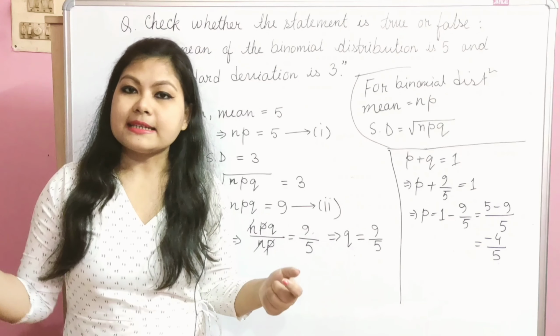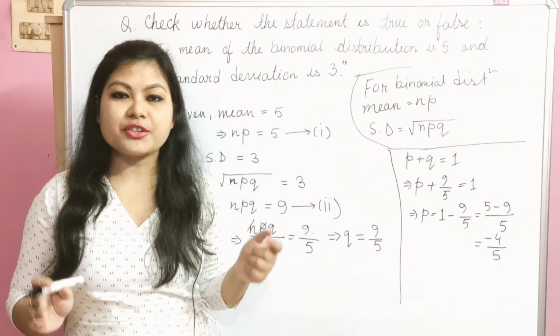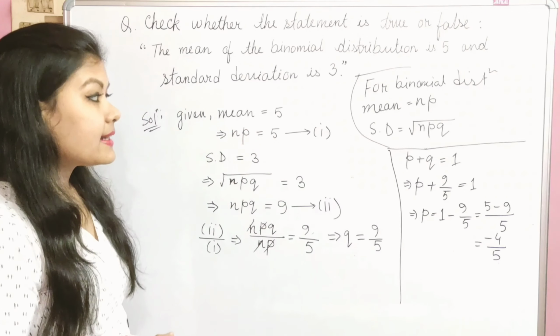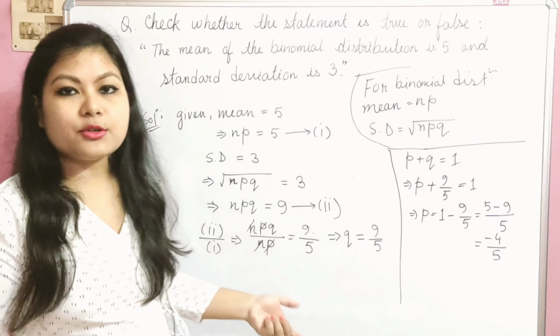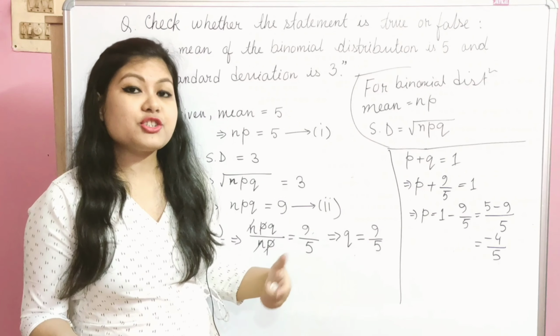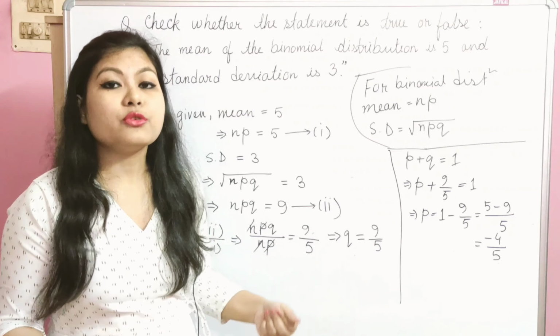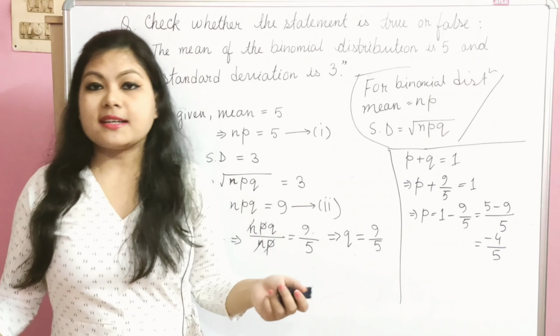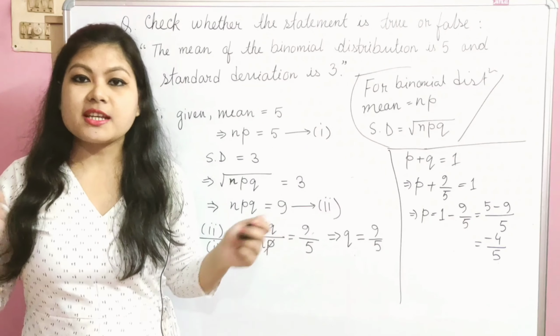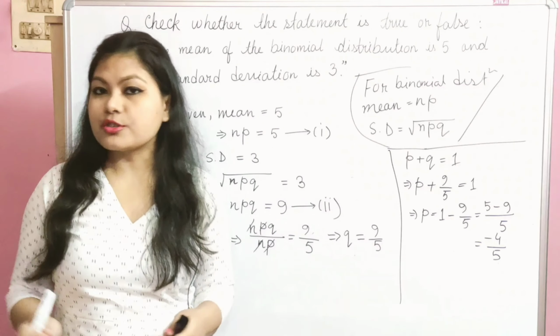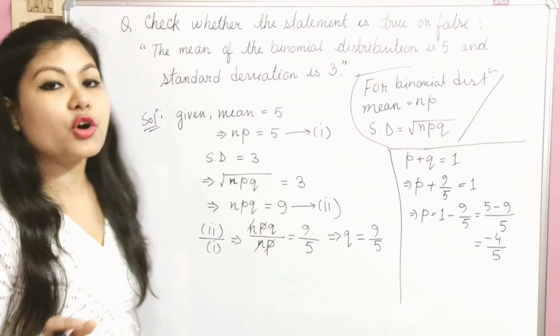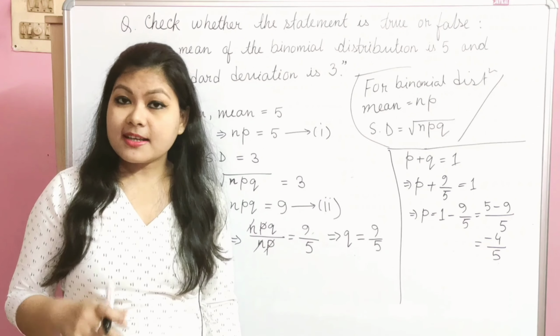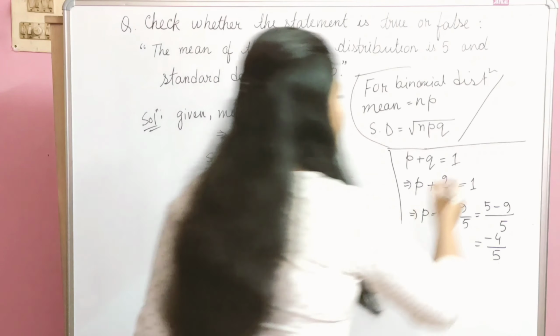If you study the binomial distribution, there is another condition which should also be fulfilled along with the formula. The condition is that P is greater than 0, and Q should also be greater than 0.